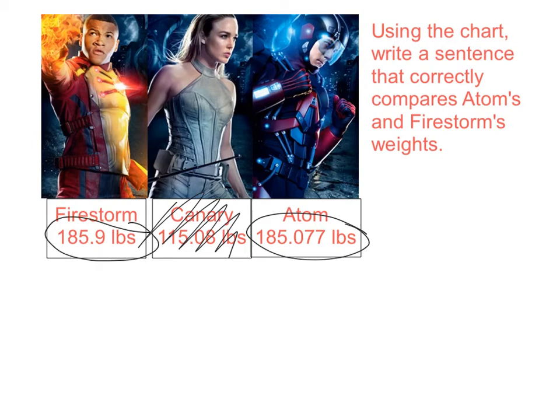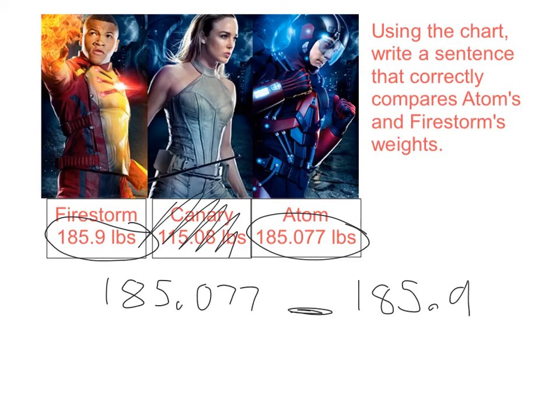If I'm doing Atom's weight, I would write 185.077. Leave myself a little comparison sign. 185.9. So now I'll stack these. 185, decimal point, 9. Now I see I need some zeros here.